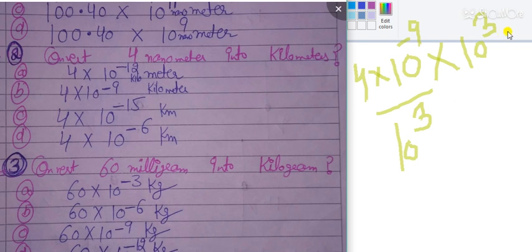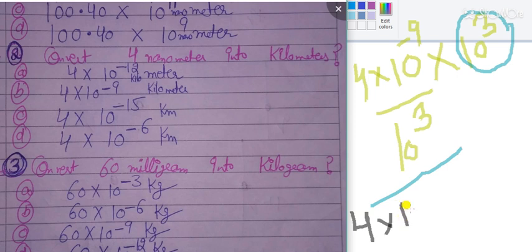Now this term will become kilo, and this term will become the numerical value. So if we check the numerical value, our final answer will be 4 into 10 raised to the power minus 9 minus 3, so it will be minus 12.